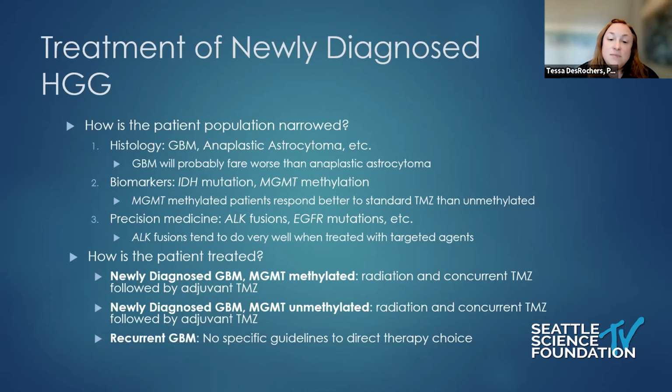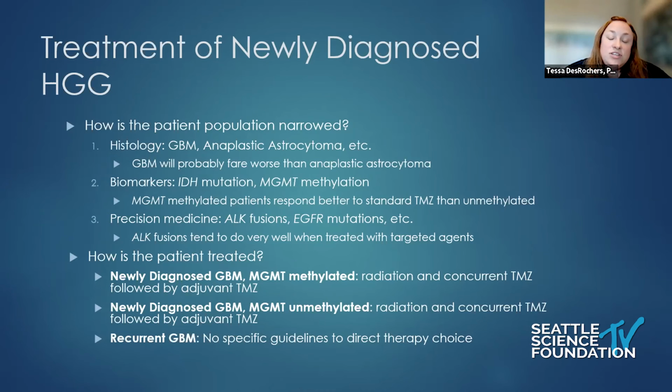You're looking at MGMT methylation. MGMT methylated patients should respond better to standard TMZ than unmethylated patients. From a precision medicine standpoint, I'm just listing examples, but you could be looking at ALK fusions, EGFR mutations, et cetera, to see what agents to give them, because some of them will actually respond pretty well to those targeted therapies.